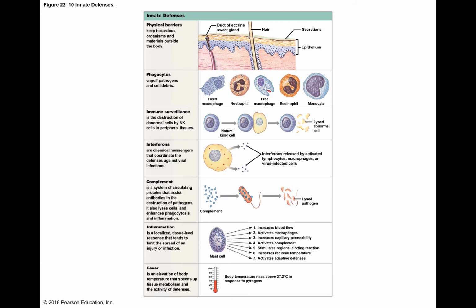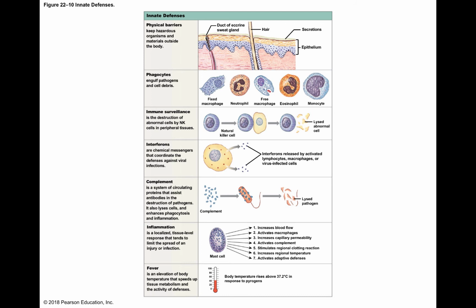And then we're going to talk about the second type of immunity, which is called adaptive immunity. Adaptive immunity, you're not born with it, so you have to acquire it. It's very specific, and it deals with those lymphocytes, the B and T lymphocytes.